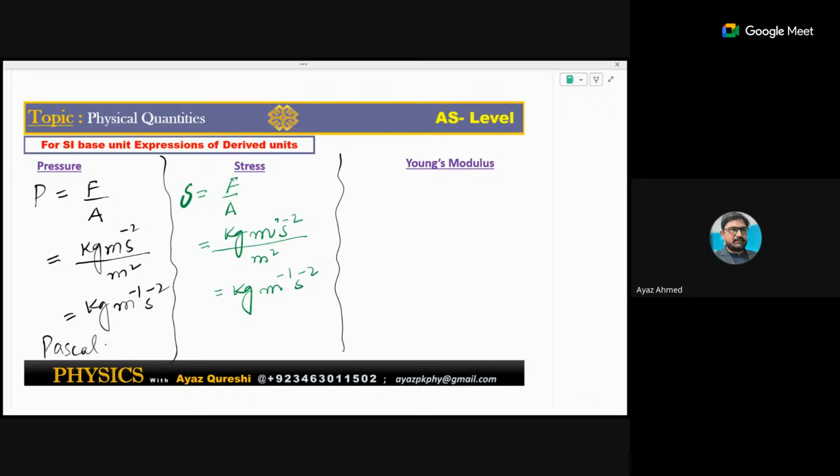Now for Young's modulus, the game is a bit different. Young's modulus is E, and that is equal to stress upon strain. So what unit did I tell you for the stress?